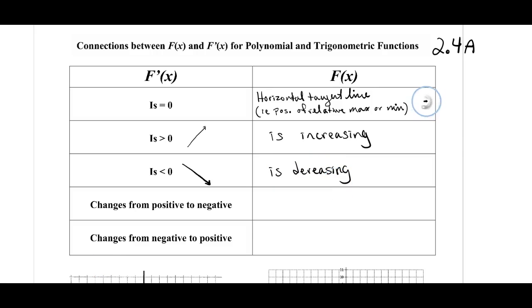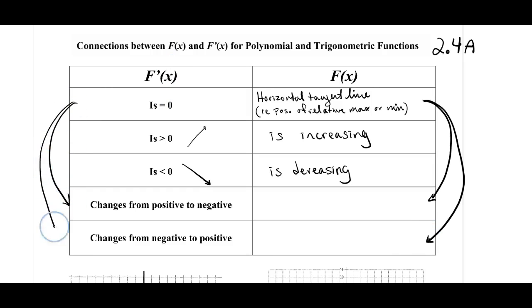And finally, these are really more specific instances of my derivative being 0. When I find my derivative is 0, I need to check whether there is a maximum or a minimum. When my slope or derivative changes from positive to negative, then that 0 where it changes from positive to negative represents a maximum.